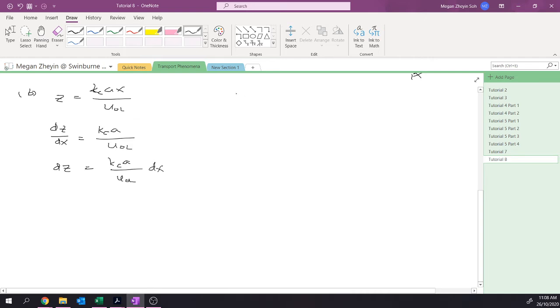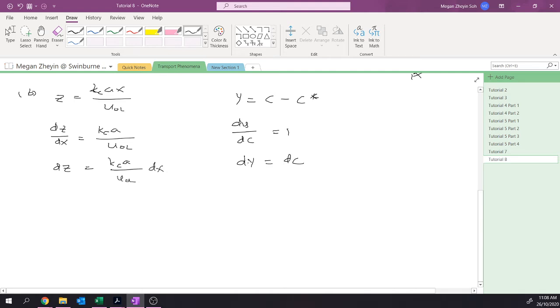And we can take y to be equal to c minus c star, whereby dy over dc is equal to 1. Okay, 1 over here. Therefore, dy is equal to dc.